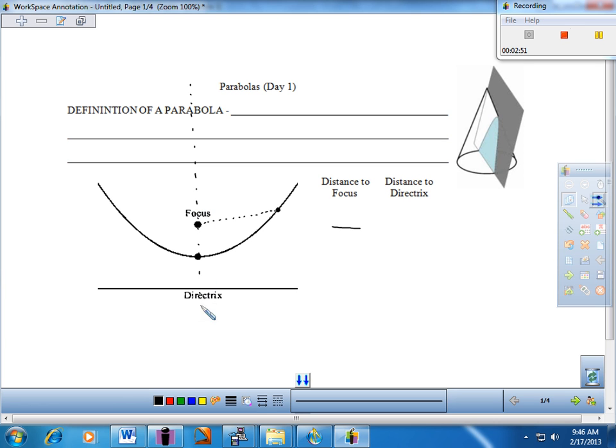You don't have to draw the axis of symmetry there. But if you remember axis of symmetry from Algebra 1 and Algebra 2, it divides the parabola into two symmetrical parts. Well, this directrix is perpendicular to it, and it runs behind the vertex. So if you remember, that's the vertex right there. Well, what I'm going to ask you to do is find the distance from that point to the directrix.